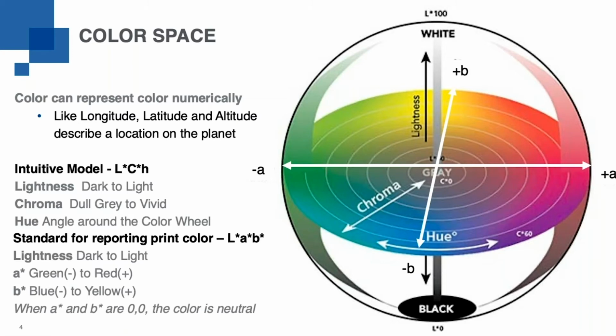If you're in the positive direction, you're in reddish values. Along the b axis, a negative value is going to be blue, and a positive b is going to be yellowish. That way we can describe where you are in relation to those axes to describe a specific color in that color space. And if you have an a and b value of 0, 0, that means you're right on the L axis, or you're neutral.